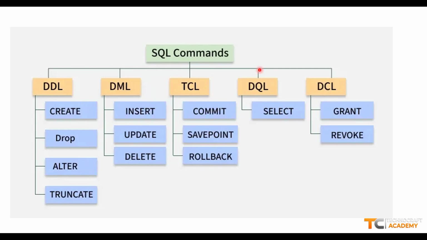And then we have DQL, data query language. Here we have only one SQL command, select, that is used for retrieving the data. And the last one is data control language. We have two commands here, grant and revoke, which are used for granting or revoking access for the users from the database. Okay, I think I'm clear till here.